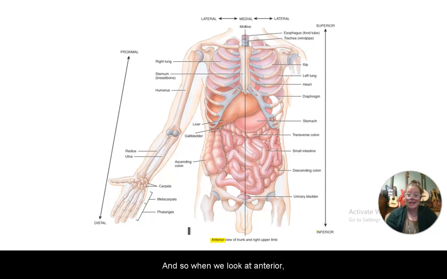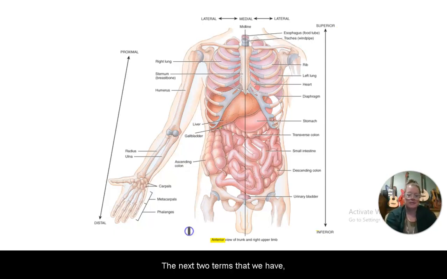Anterior is basically referring to towards the front of the body. And then the opposite, we can't see it, but imagine seeing the back side of this body. That would be the posterior view. So again, partnering them with their opposites.